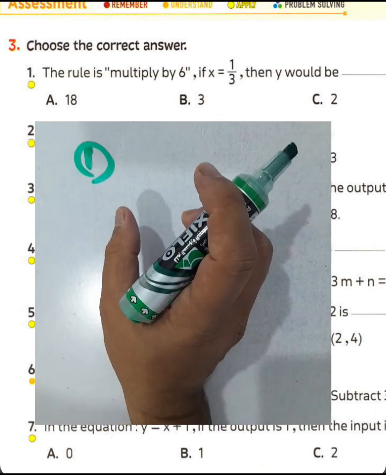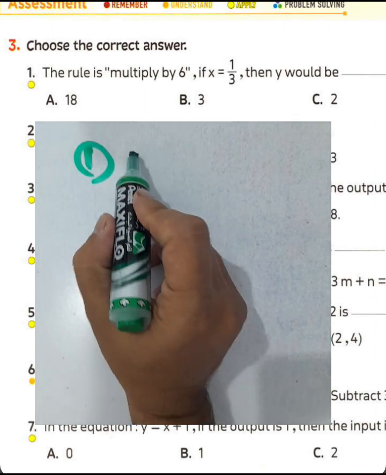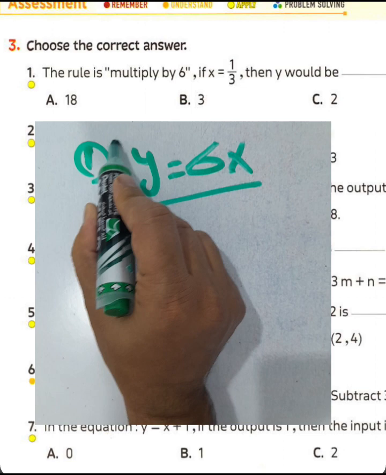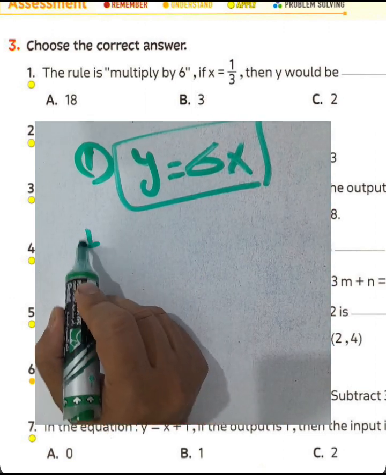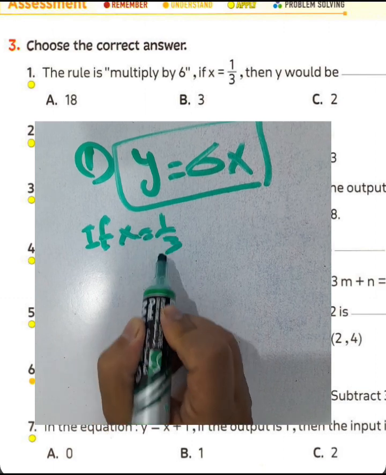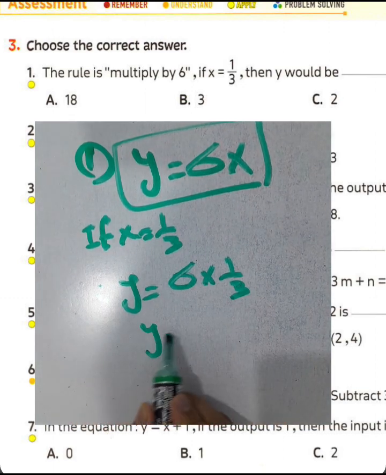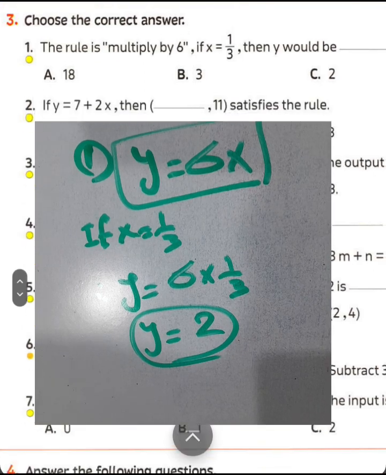The rule means what? Multiply by 6. It means y equals 6x is the rule. He gives us x equals a third. If x equals a third, then y will be equal to 6 multiplied by a third. Then y will be 6 divided by 3, equal to 2. Then y here will be equal to 2, choose letter C.